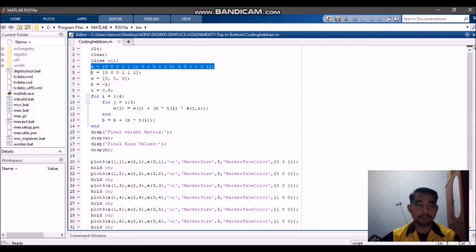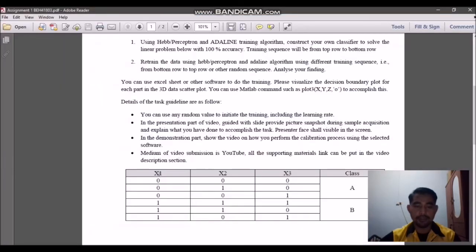As you can see, the data that I have put here, this is for x1, this is for x2, and this is for x3. If you can see here, this is the same as the data plot here.